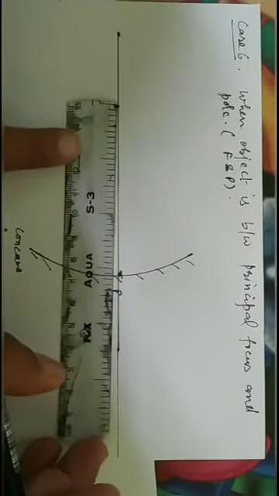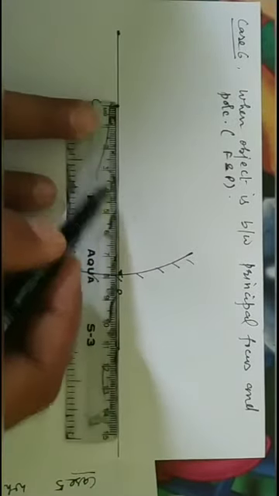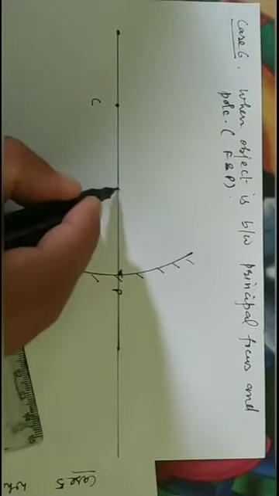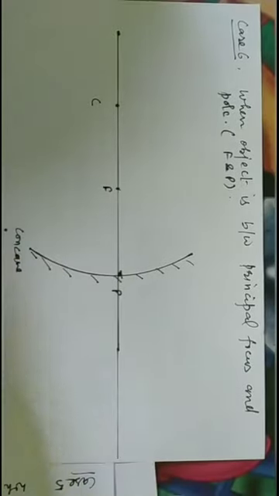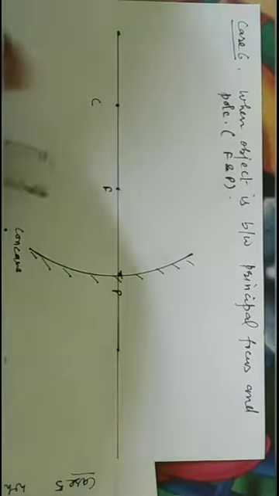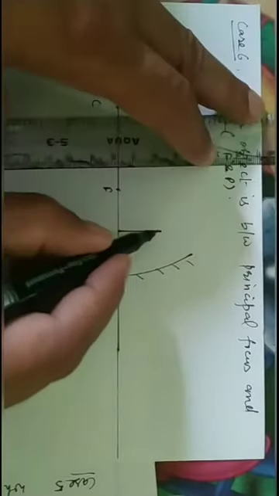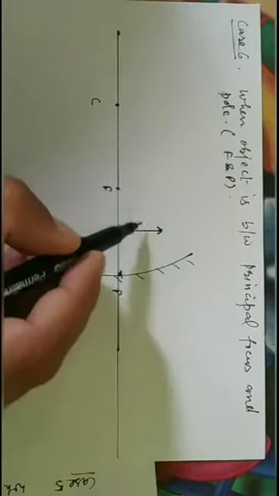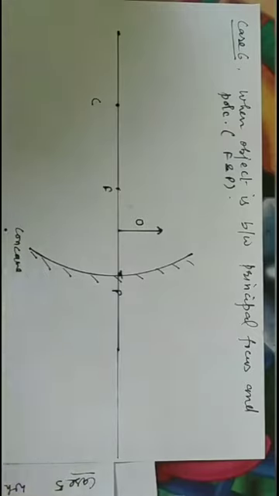Now the midpoint of C and P is known as the principal focus. Now I am placing my object between focus and pole, so I can keep it anywhere between F and P. This is my object. To draw an image of an object, I will draw minimum two rays.